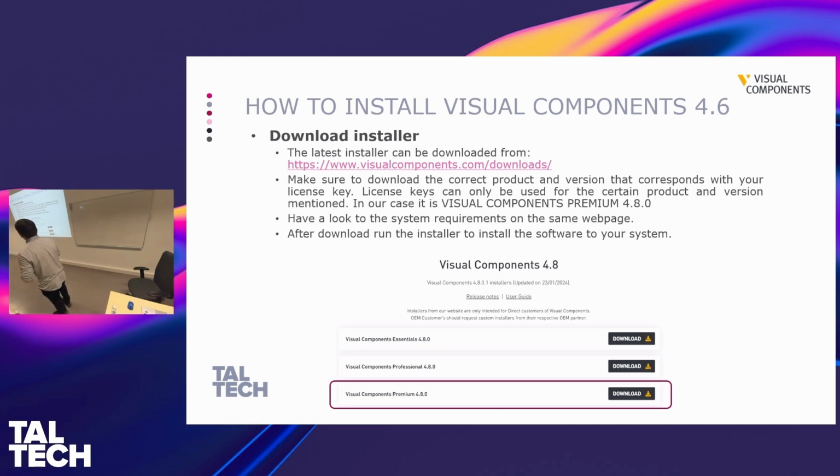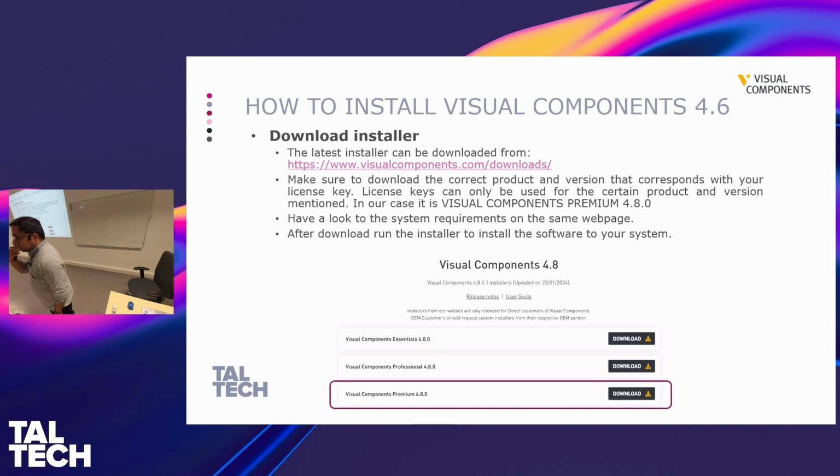There is a link. You need to go to the downloads. There is a download installer, and we are using Visual Components Premium 4.8. There are Essential and Professional also, but we are using the premium version. It's the better one. It has all functionalities, and you also need to check the requirements of your PCs. It's better to check before installation.